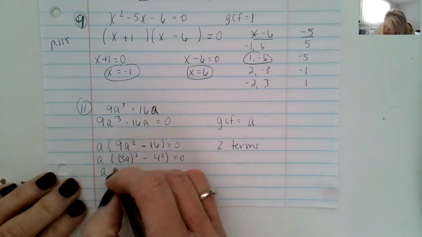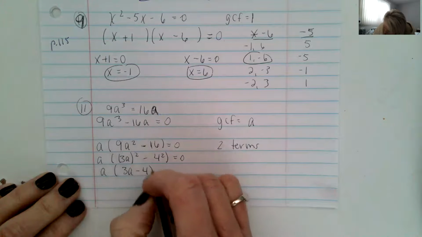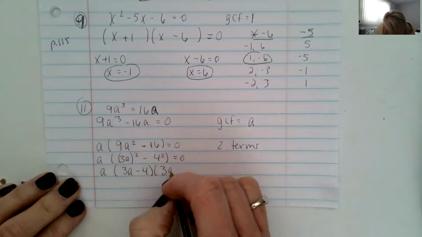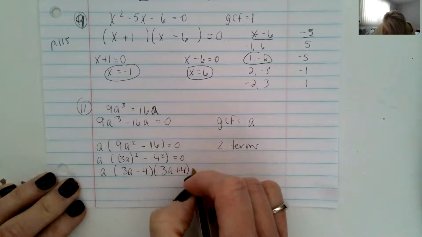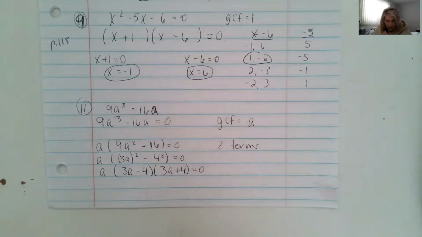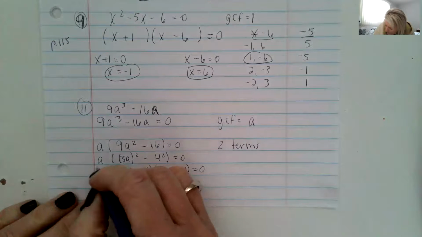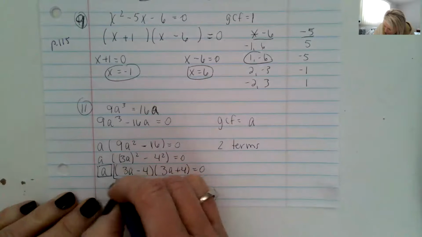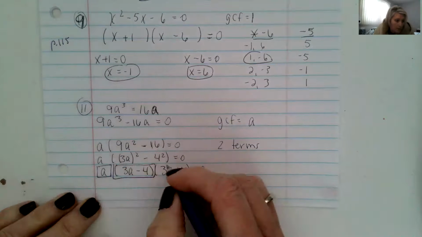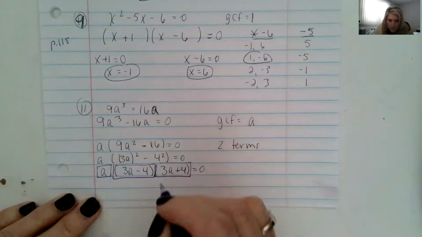So we have a times, and then our factors are 3a minus 4 and 3a plus 4. It's all equal to 0. So now our product rule actually has 3 factors this time: a, 3a minus 4, and 3a plus 4.